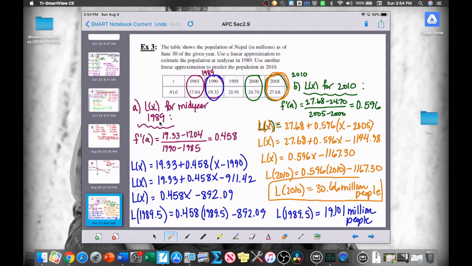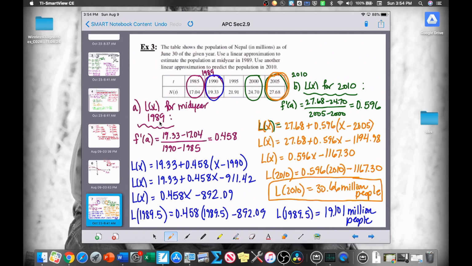All right, now this question says that we were supposed to do these two linear approximations. My question for you, after doing the math and thinking about what you know about linear approximations, is which one of these is a better linear approximation for the question that we are trying to answer?